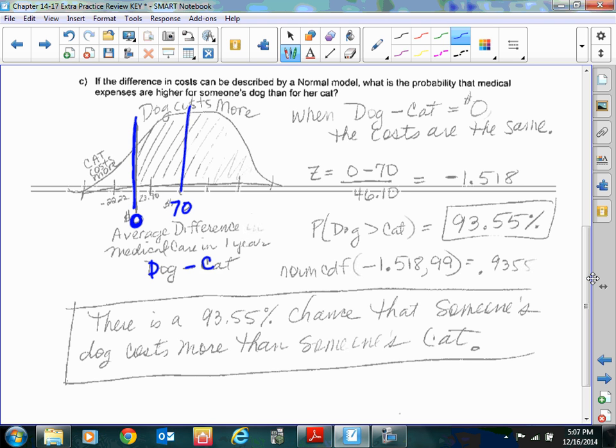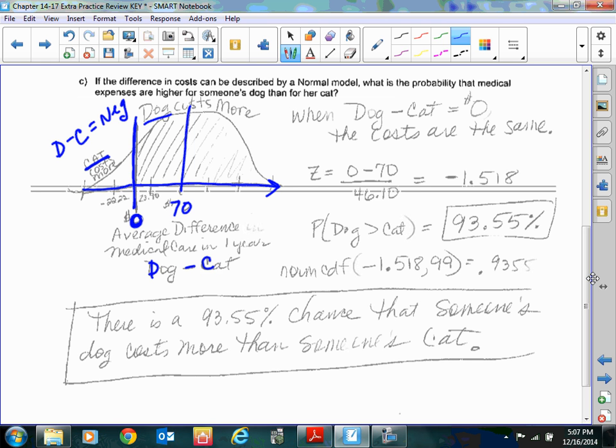So if you have this positive difference to the right, the dog is more. If you have this negative difference, because dog minus cat is a negative number, then that means cat costs more. So on the right, dog costs more, and on the left, cat costs more on this problem.